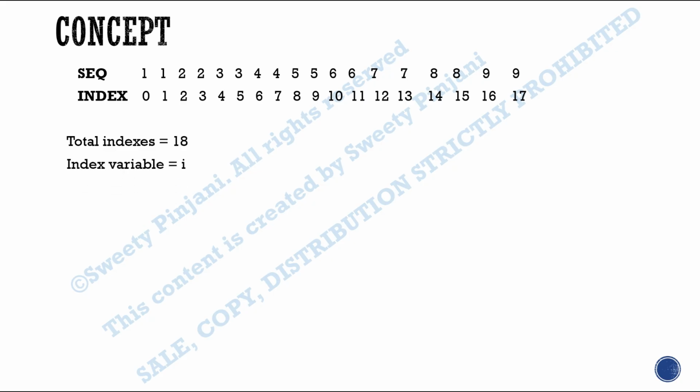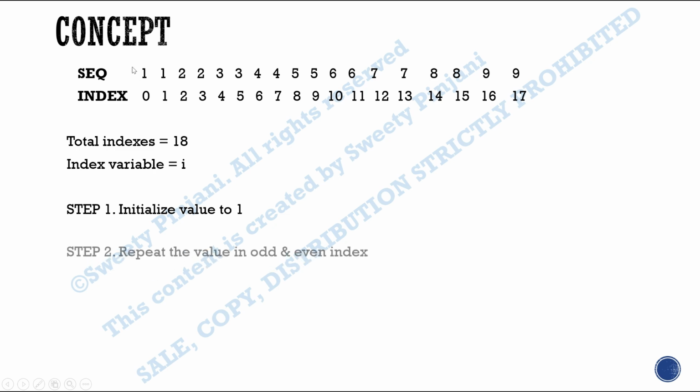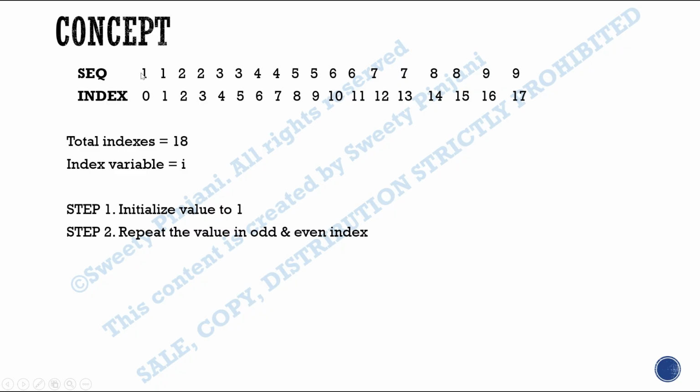The next thing is, if I take the index variable as I, how am I going to assign the values? First thing is the value which you need to start assigning. First value which you are assigning is 1. So initialize the value whatever you are assigning to 1. Second thing is whatever value you have, that value you have to assign two times.